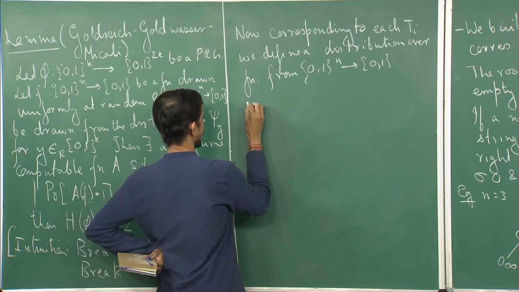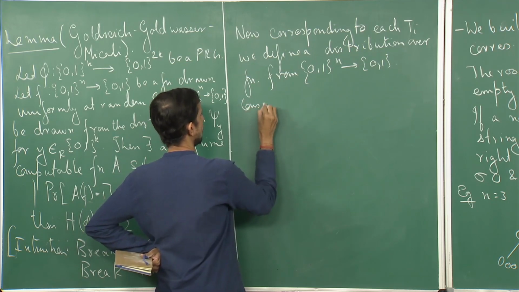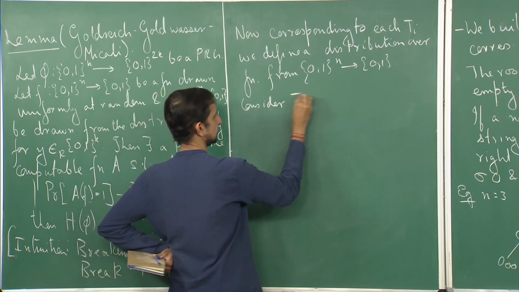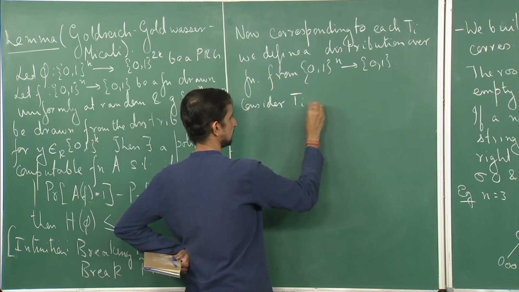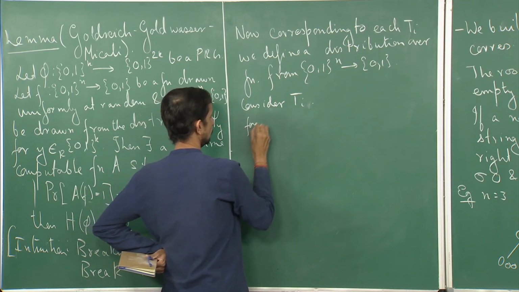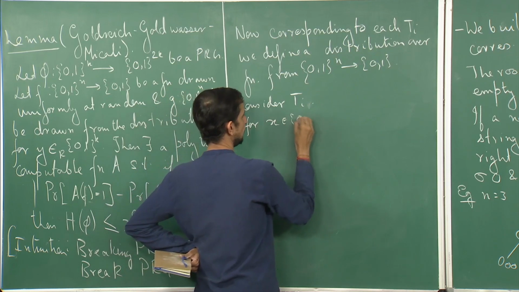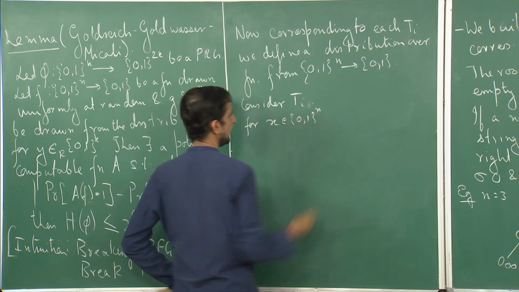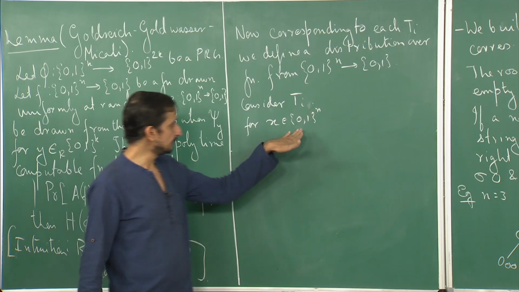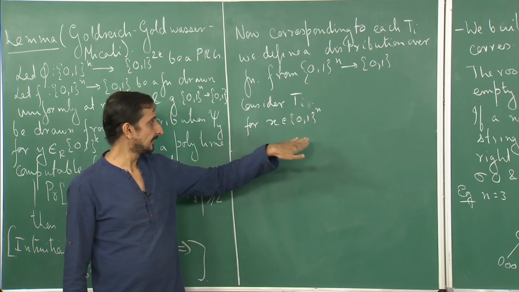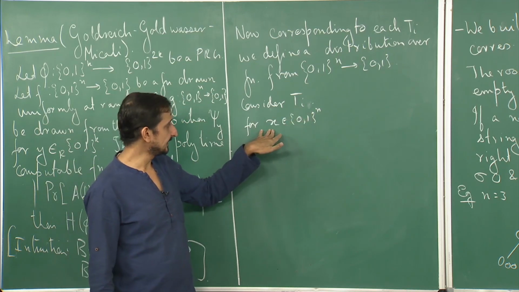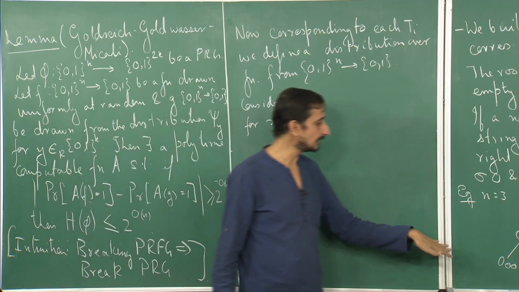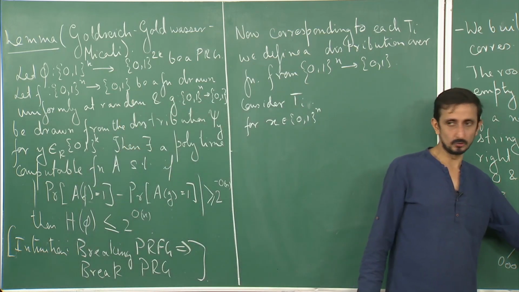So consider some arbitrary Ti. Now for x belonging to 0 1 to the power n, what we will do is we will look at the tree and we will look at, so now note that each x is basically a leaf node in T to the power n.